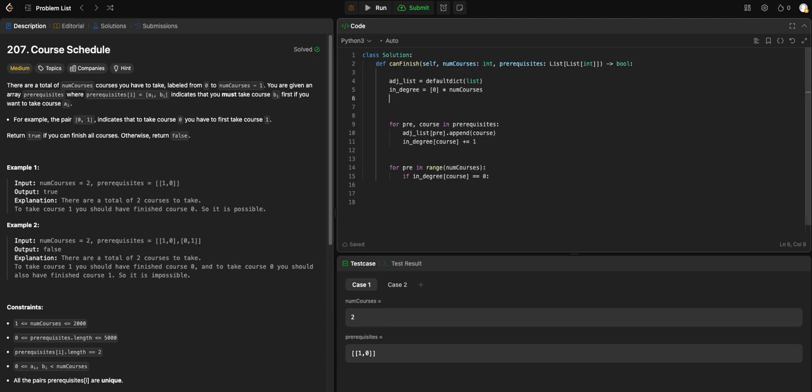First, let's create a queue because we use BFS in this solution.